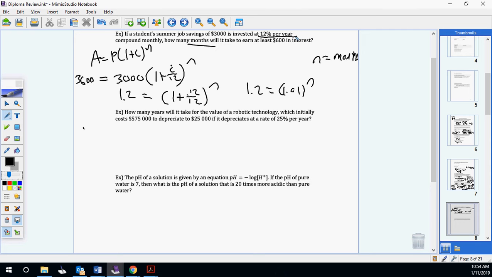So essentially everything's in months. You take the 12% divided by 12, so it's 1.01 per month, and months is our answer. We want to figure out when it's 1.2.